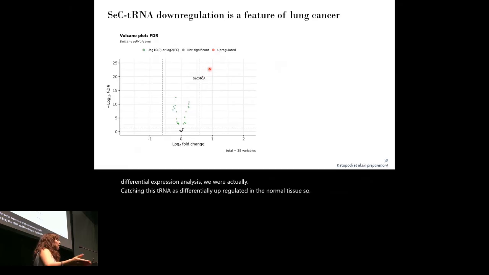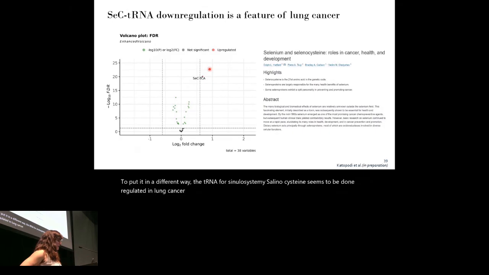So to put it in a different way, the tRNA for selenocysteine seems to be downregulated in lung cancer, which is interestingly consistent with some clinical studies from the 90s, which were saying that selenium-rich nutrition could help cancer patients with their chemotherapy.